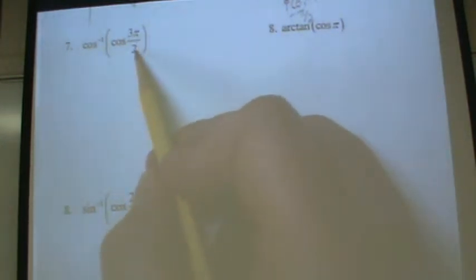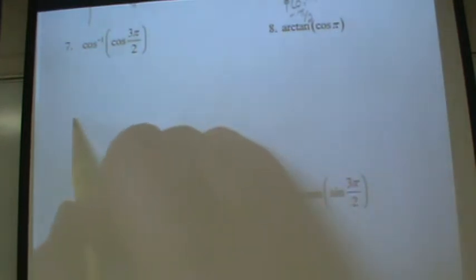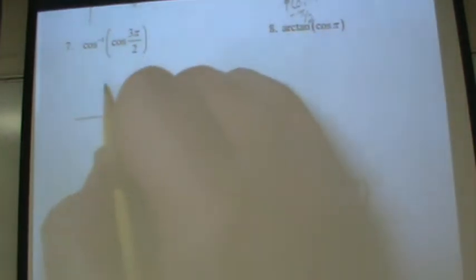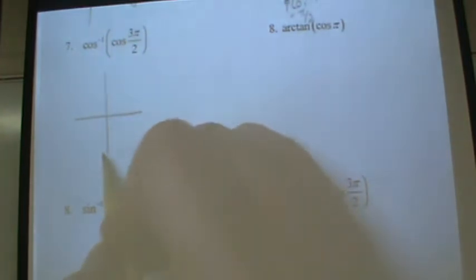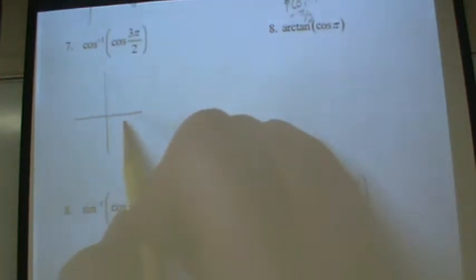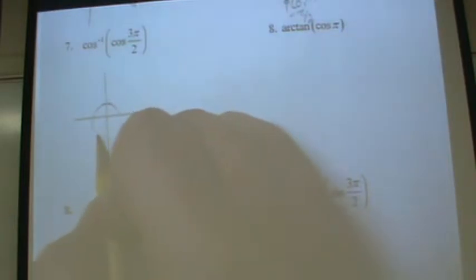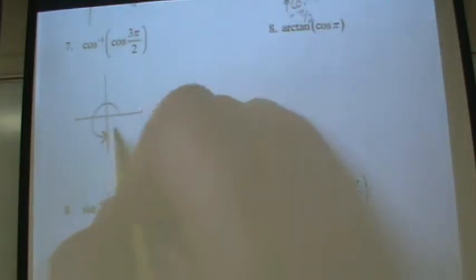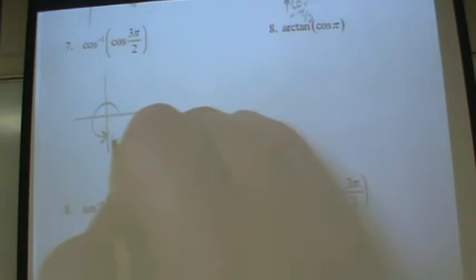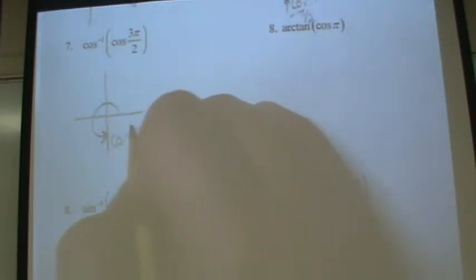So for number 7, we're taking the cosine of 3 pi over 2 first. So where is 3 pi over 2? 0, negative 1. So 3 pi over 2 is right here. And like Jasmine said, that point is 0, -1.